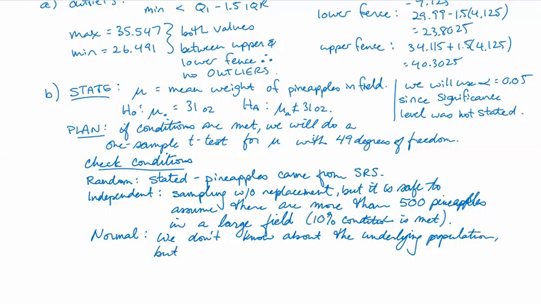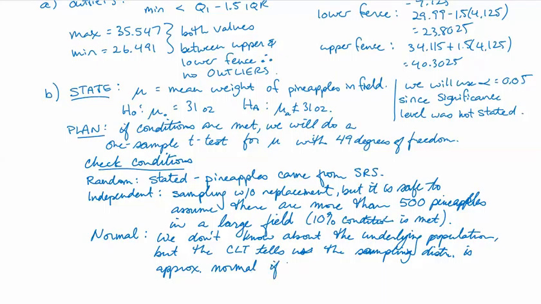But the CLT, central limit theorem, tells us the sampling distribution is approximately normal if n is greater than or equal to 30.